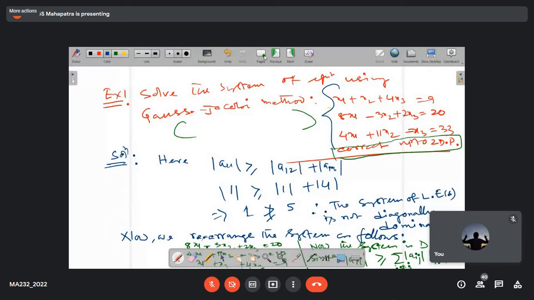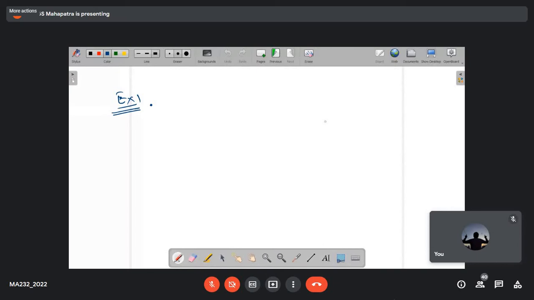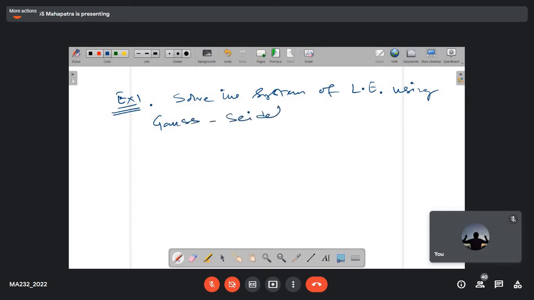Now you can see the difference between Gauss-Jacobi and Gauss-Seidel. We can consider a different problem also, but later. First we should check what is the difference between these two. Now, solve the system of linear equations using the Gauss-Seidel iterative method.